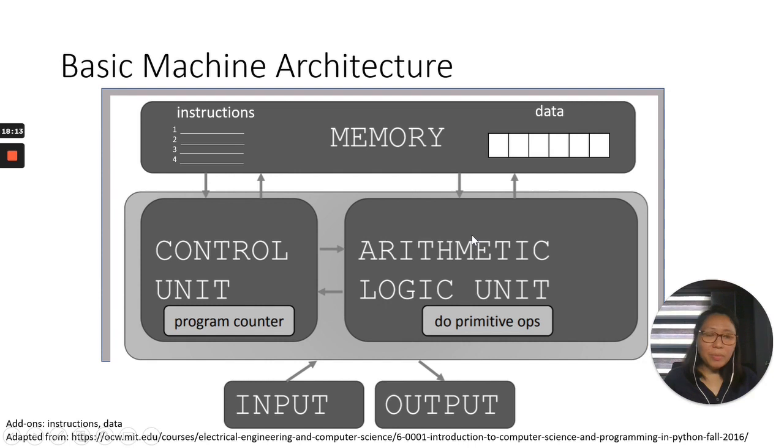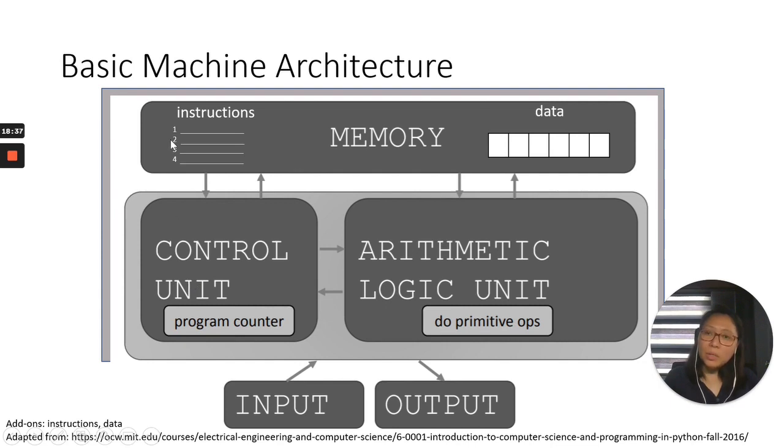After it gets data from the memory, it executes the instruction, and then it may return data to the memory as well. After processing that instruction, control goes to the control unit, and then the program counter increments.